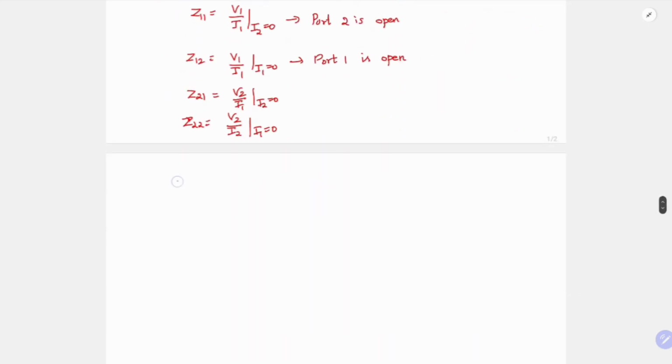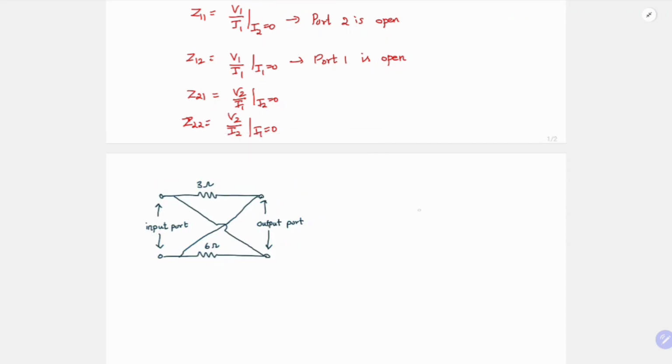Now let us find Z11, which is V1 by I1 when I2 is equal to 0. So you connect a voltage source of, let's say, 1 volt and you want to find the current flowing through it. What is the looking-in impedance from here? I2 is 0, so we are leaving port 2 open.